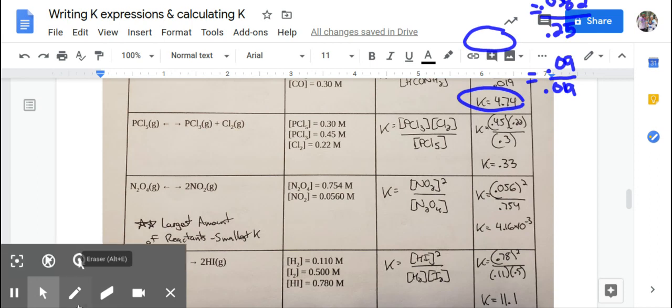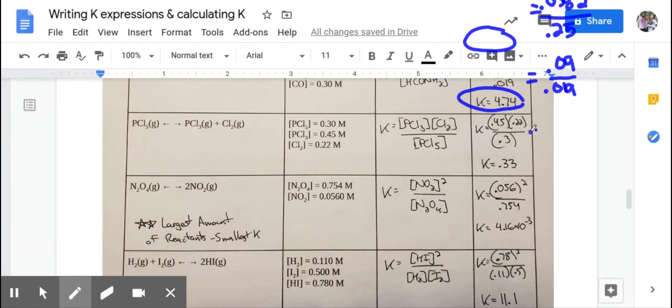If I expand this out, 0.45 times 0.22 is 0.099 divided by 0.3. Now you notice the numerator is smaller than the denominator. When we divide these two things together, we get 0.33, a K less than 1. If there's a K less than 1, that means there's more reactants present at equilibrium. If the K is greater than 1, that means there's more products.